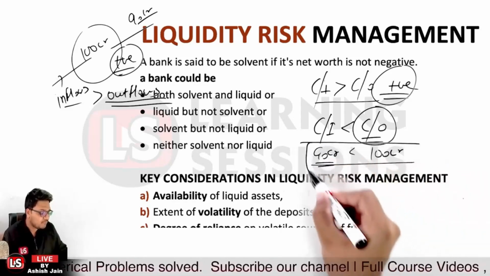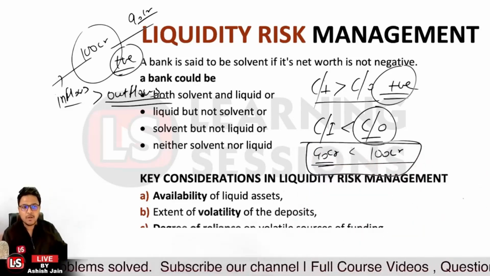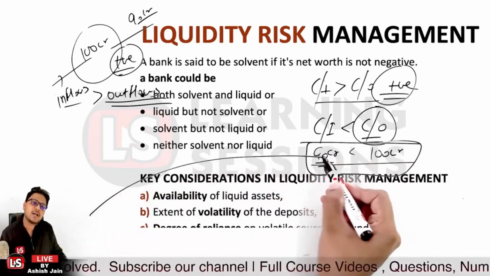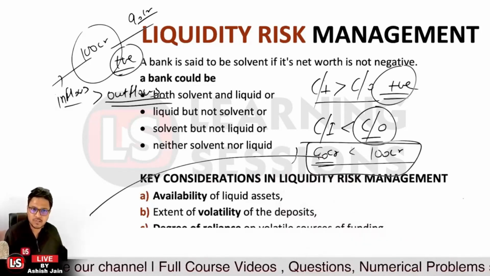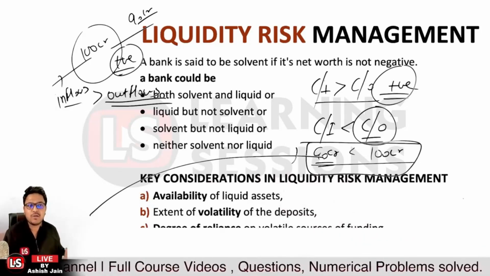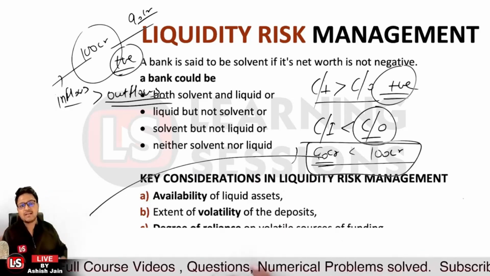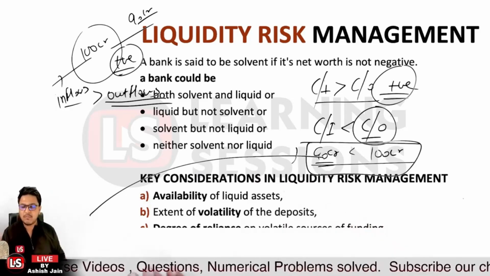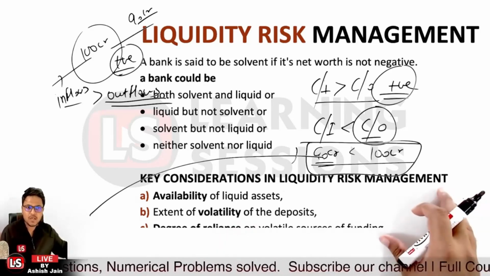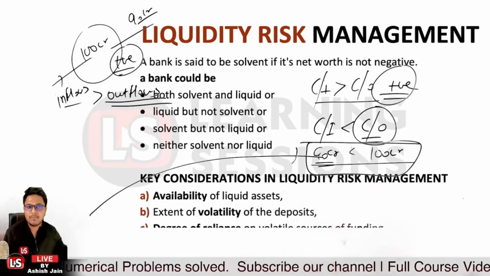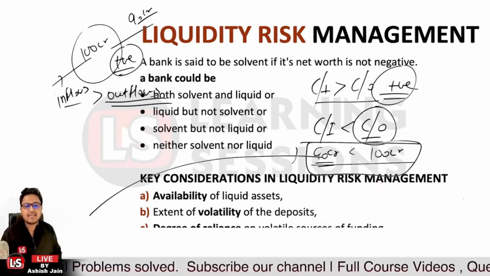That's a very serious condition, because we have to borrow funds from the market, and it may be the case we will not be able to get the funds at a reasonable cost, and that's actually the liquidity risk. It may be the case that the bank is solvent, but still has liquidity risk, in that the bank is not able to meet the liquidity obligations on it. So that can be the case.